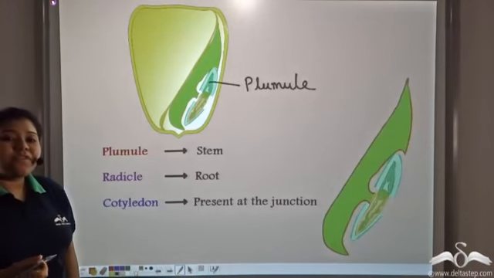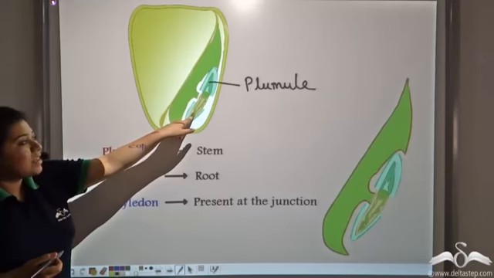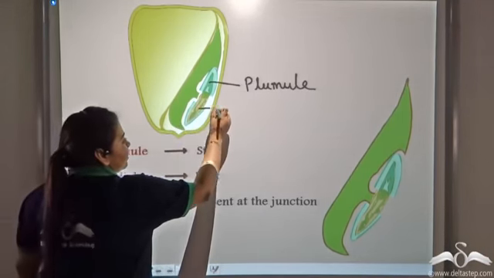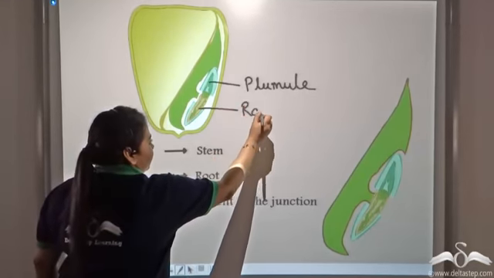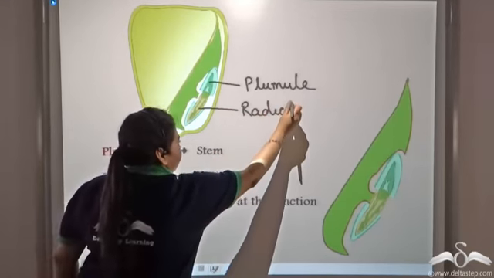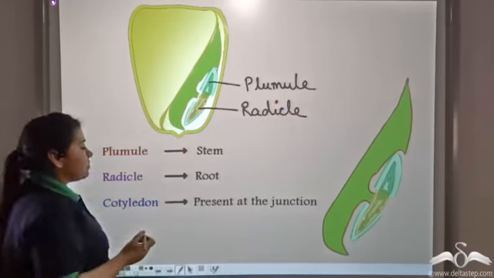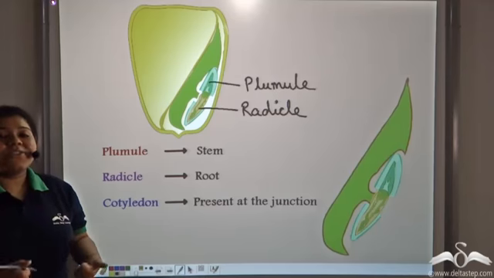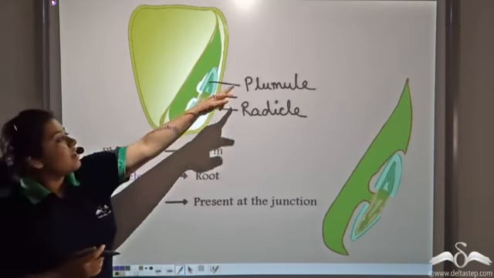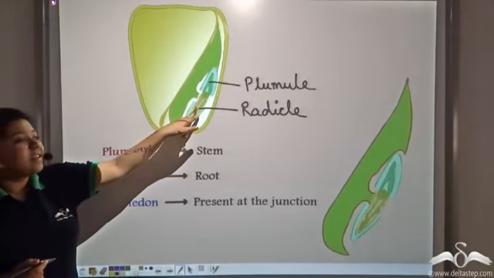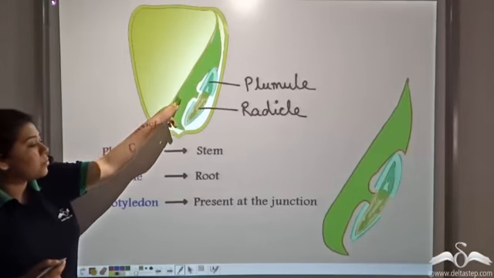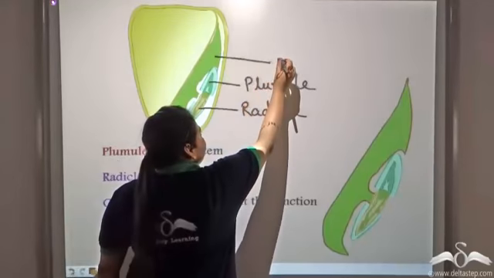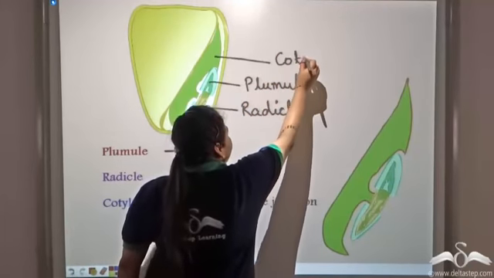And the root forming part of the embryo is known as the radicle. And the structure that holds the plumule and the radicle together is known as the cotyledon. So this leaf-like structure here is known as the cotyledon.